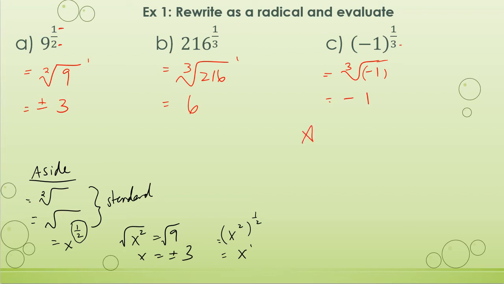So we're going to make a point of this. If the index is even, so if it's just a square root, which we know is 2 even though it's not written there, a 4, a 6, an 8, and so on, you can't do a negative.